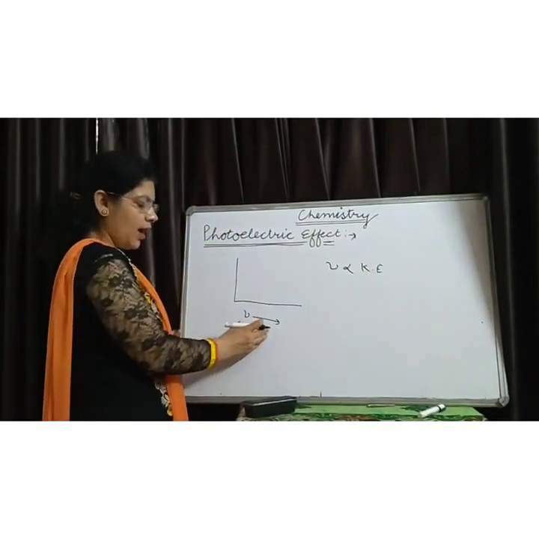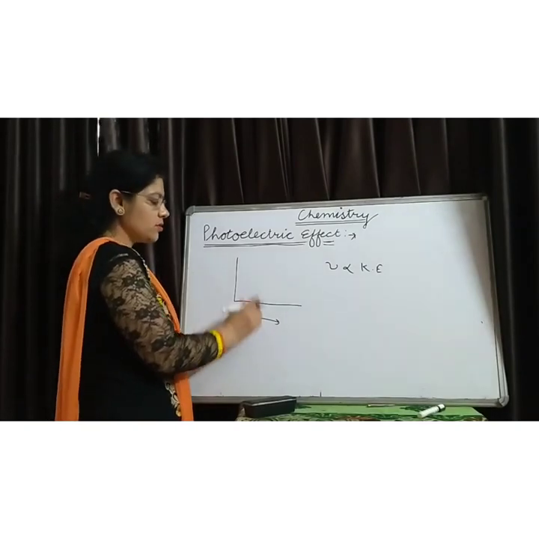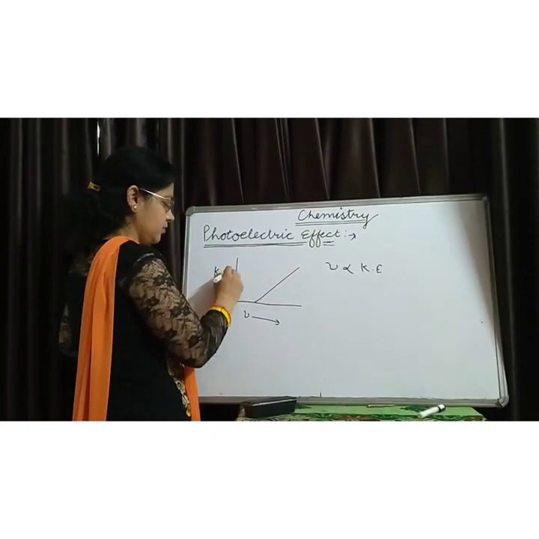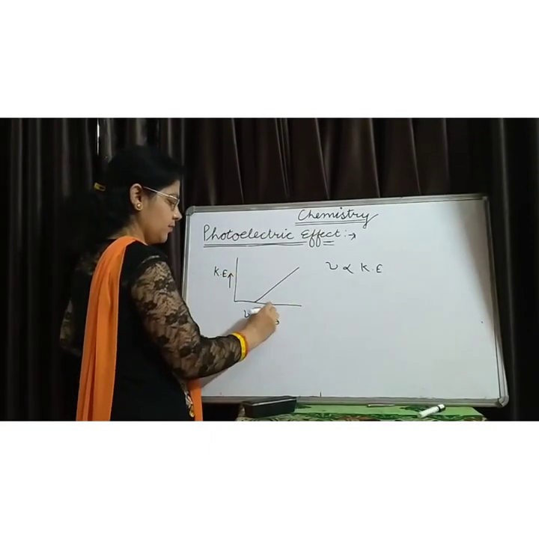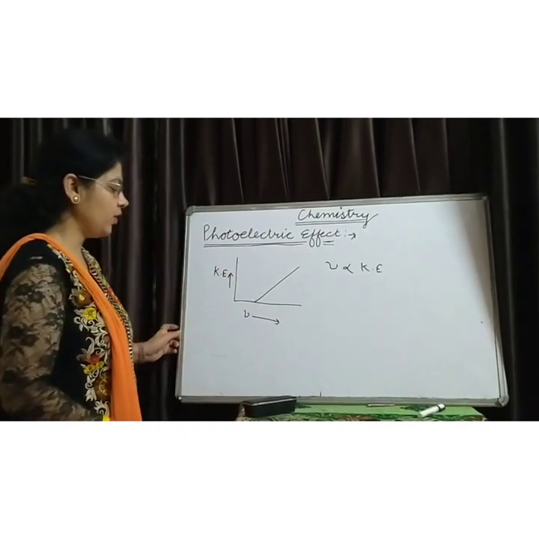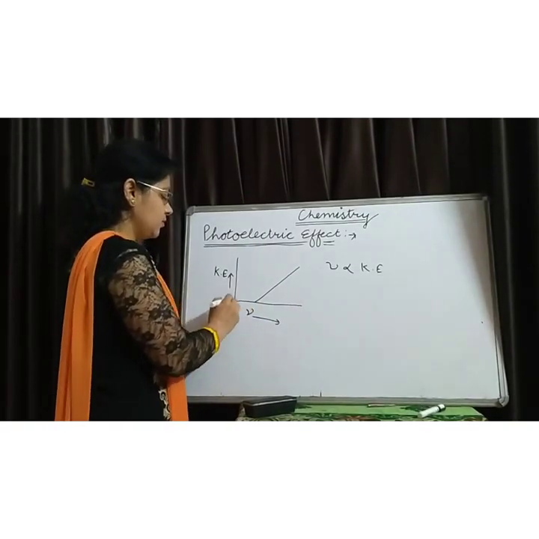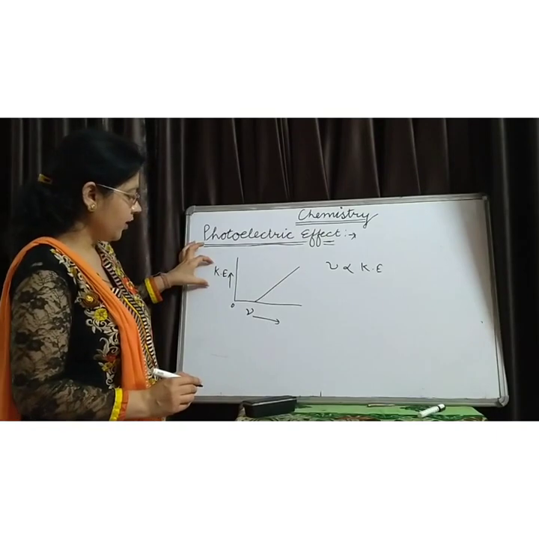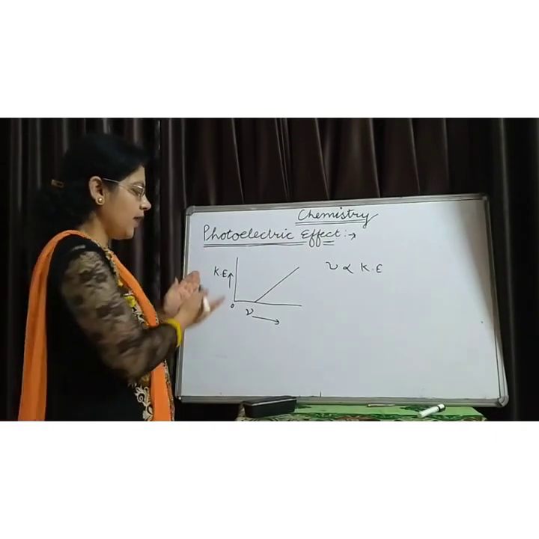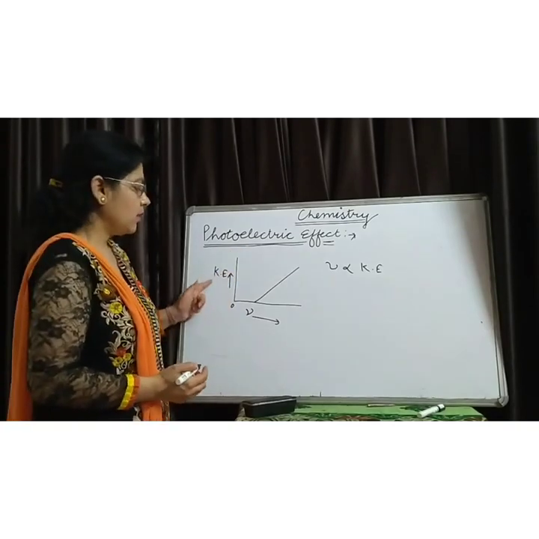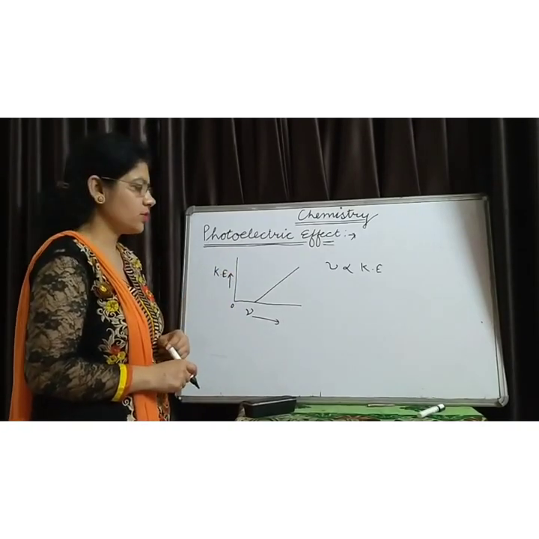Higher the frequency of the radiation, higher is the kinetic energy. If we draw the graph between the frequency of the radiation and kinetic energy, it is found that higher the frequency, higher is the kinetic energy.